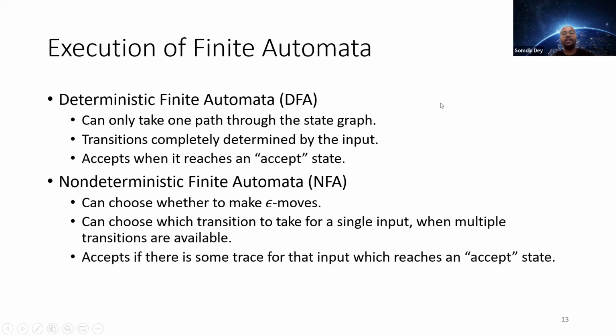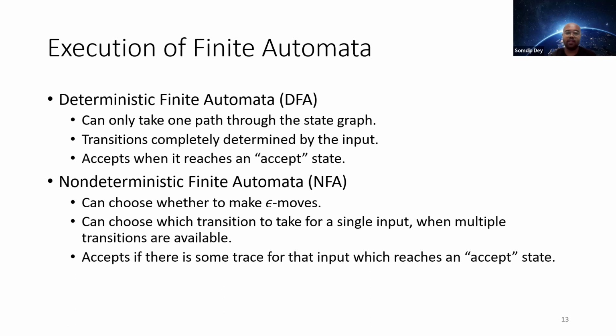When we execute a DFA, you can only take one path through the state graph, whereas for an NFA, you can choose whether to make epsilon moves or not. In a DFA, the transition is completely determined by the input, whereas in an NFA, you can choose which transition to take for a single input when multiple transitions are available.